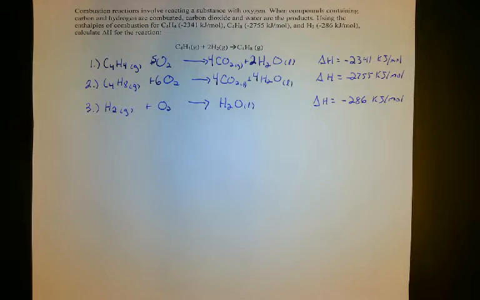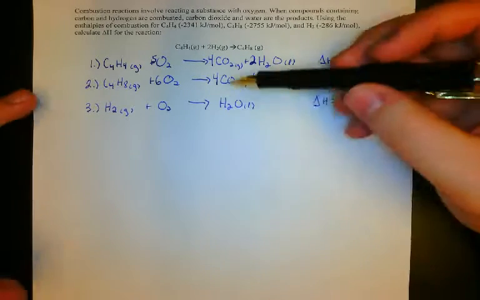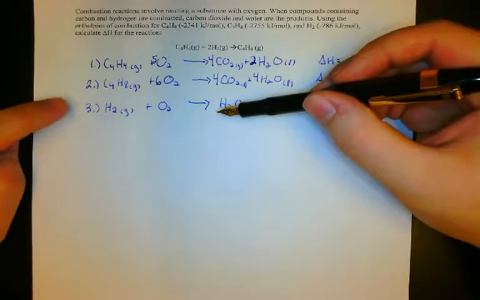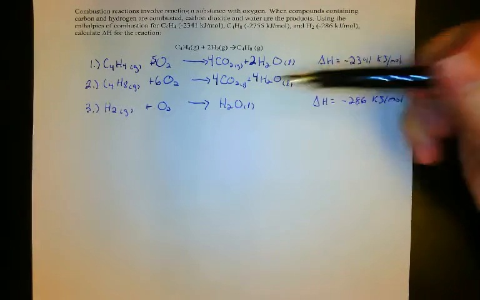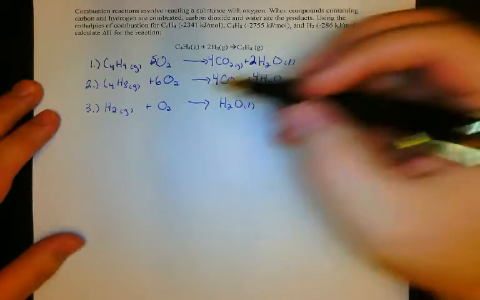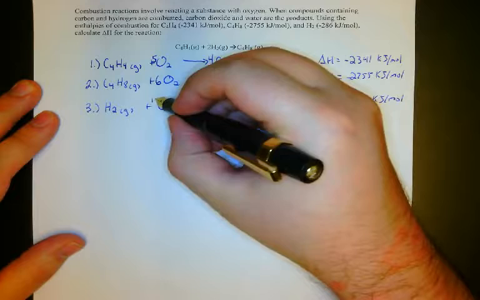And if I look over here, H2 plus O2, what do I need to do? I would have to put a 2 in front of this, and I'd have to put a 2 in front of the H2O. But obviously, that does not work. So what I need to do is I need a half here.